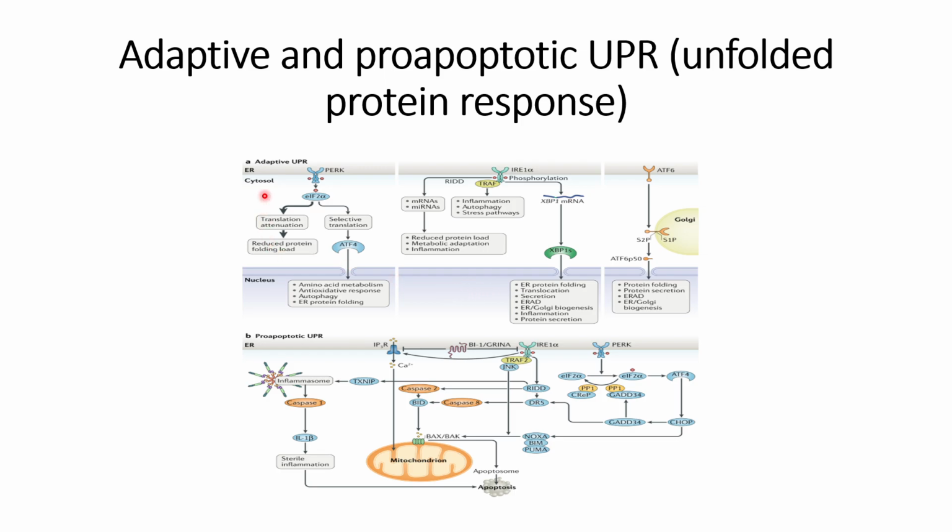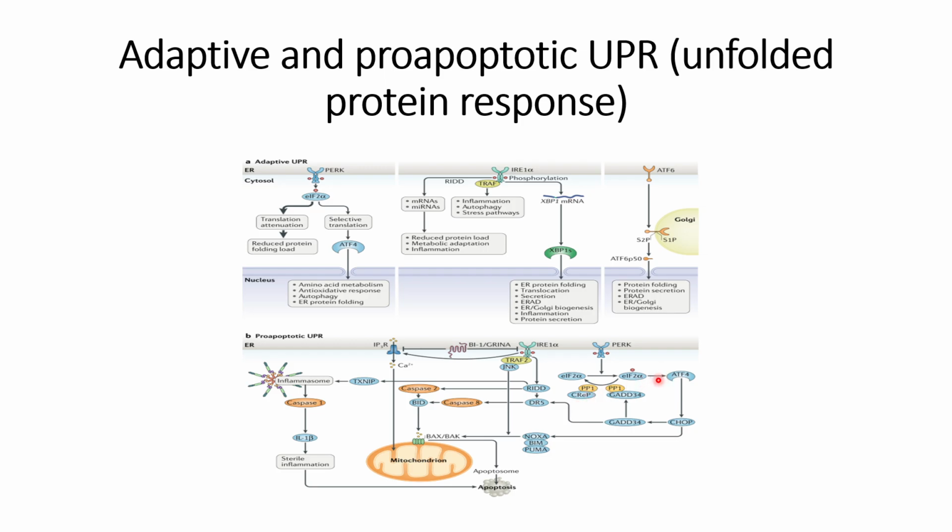However, when the unfolded protein response crosses the threshold level, it will change its signaling slightly to trigger this proapoptotic UPR. What will happen in this proapoptotic UPR is that each signaling pathway will act differently. In the PERK pathway, dephosphorylation will occur with the help of PP1 and CReP.